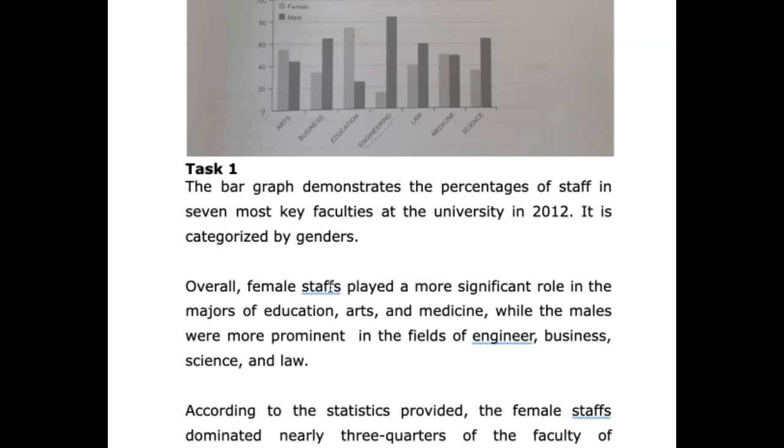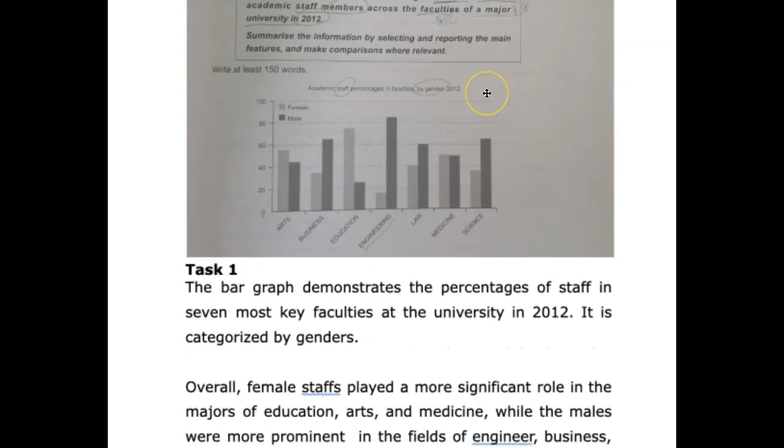So let's go. Bar graph demonstrates percentages of staff in 7 most key, why most? In 7 key faculties at the university in 2012. Good. Does it say which university?